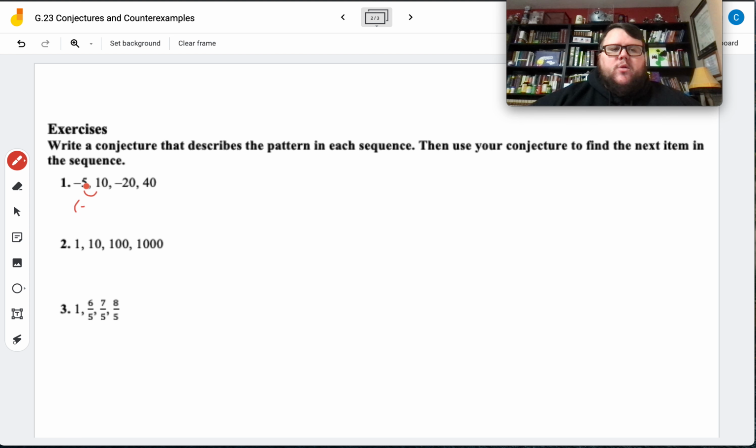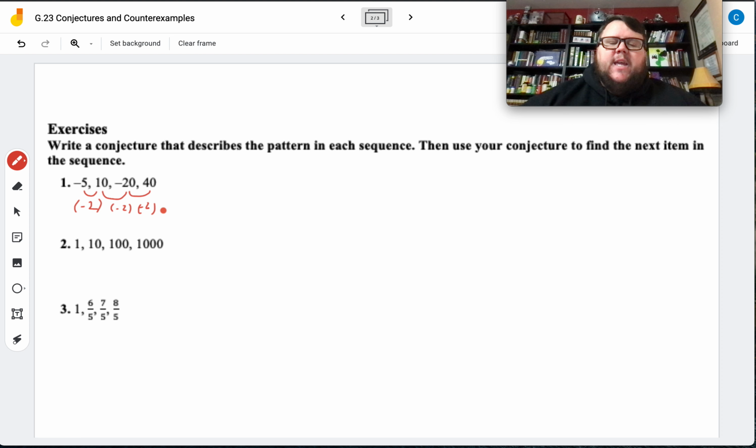What do we multiply 5 by to get 10? That's right, 2. So 5 times negative 2 gives us 10, then 10 times negative 2 gives us negative 20, and negative 20 times negative 2 gives us 40.